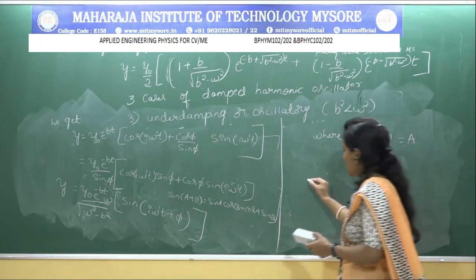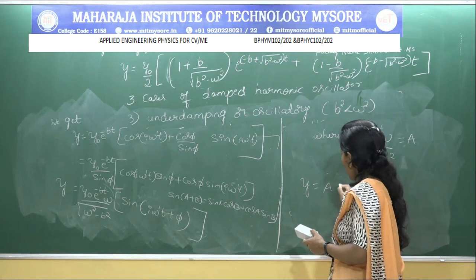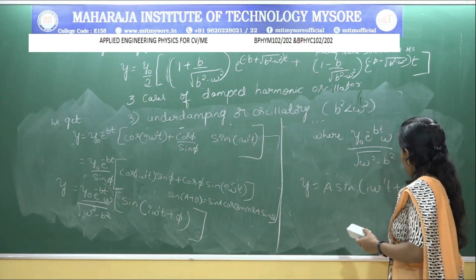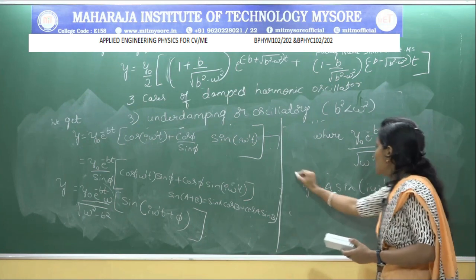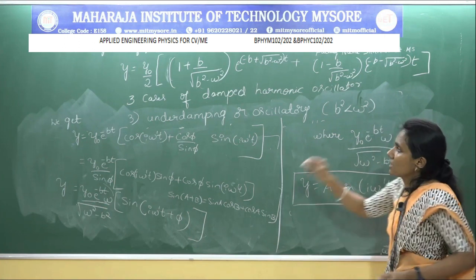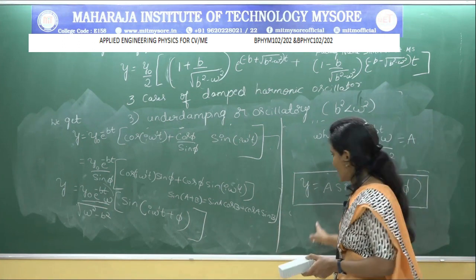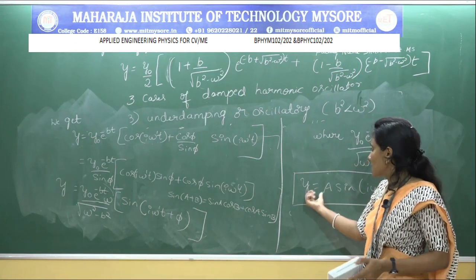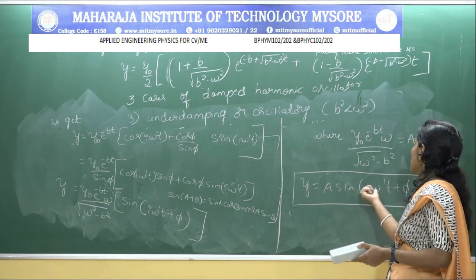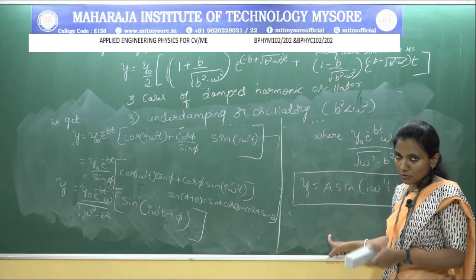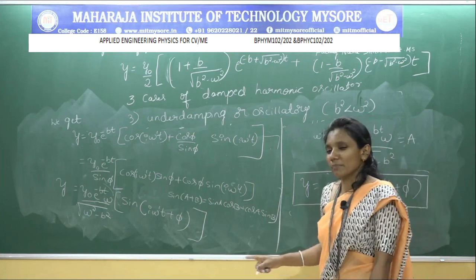We can write that as A, then this equation becomes A sin of ω't plus φ. So this is the displacement equation for the underdamped harmonic oscillator. So the particle is oscillating with the displacement y equal to A sin of ω't plus φ, where A is the amplitude. So this is the little damping case.